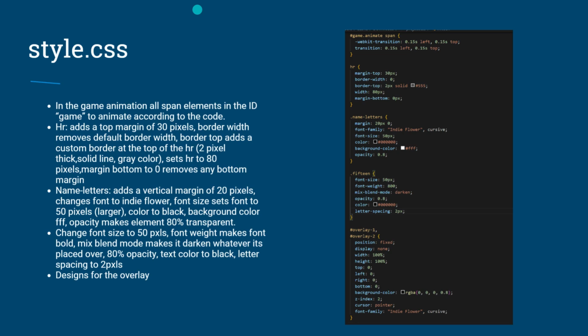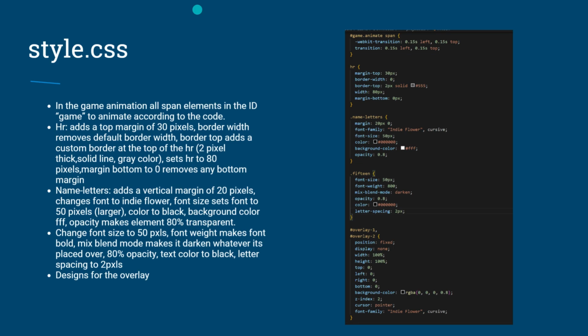All of these were applied to the game, and in the game span, the position was absolute, which allows each game piece to be placed anywhere inside the game container. And then the display was block, which makes each game piece take up its own space, and it allows for width and height.